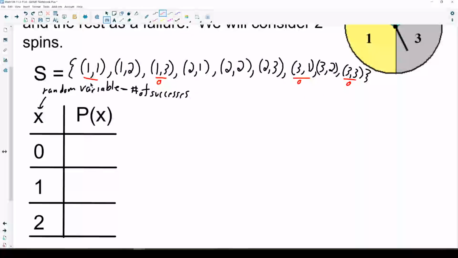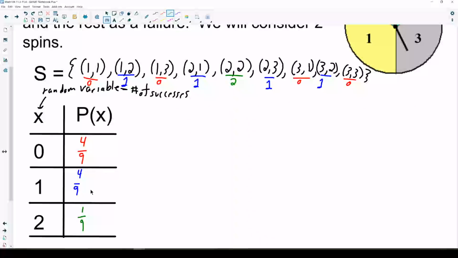So there are a total of 4 out of 9 ways to get no successes or no 2s on the spinner. I could get one success, right? Well, I have 1 here. I have a single 2 there, a single 2 here, a single 2 here, and another one here, or another 4 out of 9. We'll go with green for the full successes. How many possibilities of getting 2 of them? Well, that's my only chance here, 1 out of 9.